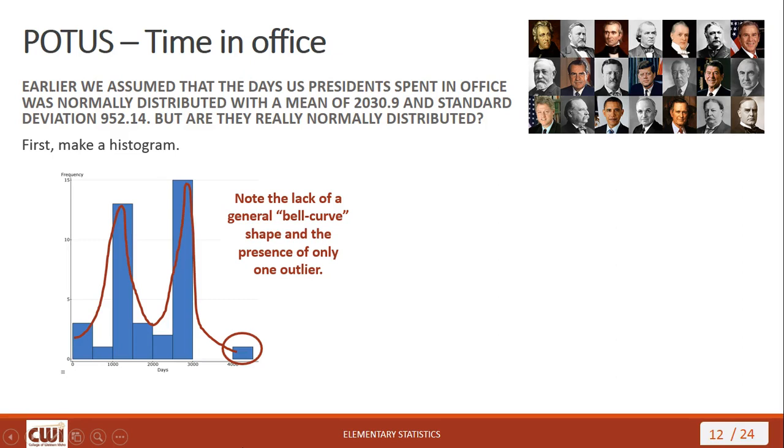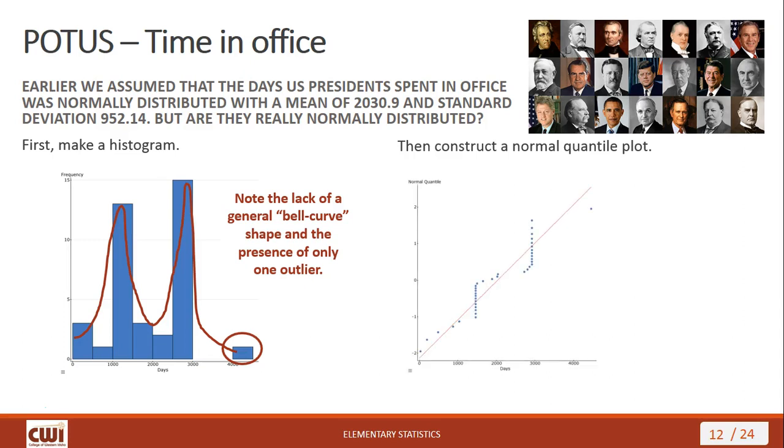Of course, the real story is told by the normal quantile plot, so let's go ahead and make that right now. If you want, go ahead and pause the video, make your normal quantile plot, and then we'll compare and see how you did. Okay, so when we make the normal quantile plot, it should look something like this.